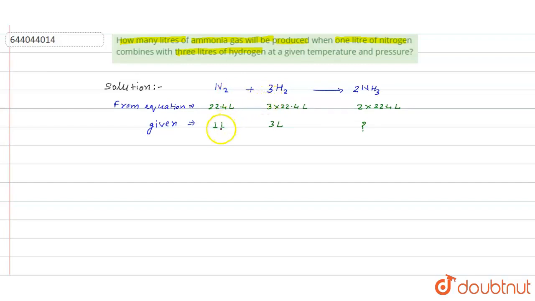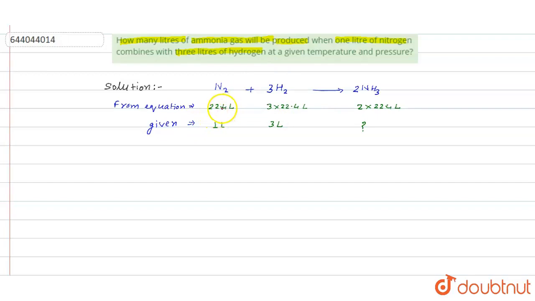So if we take 1 liter of N2, then how many liters of hydrogen will be consumed? 3 liters. And 3 liters of hydrogen is given. So hydrogen will be consumed totally. Therefore the limiting reagent is hydrogen.